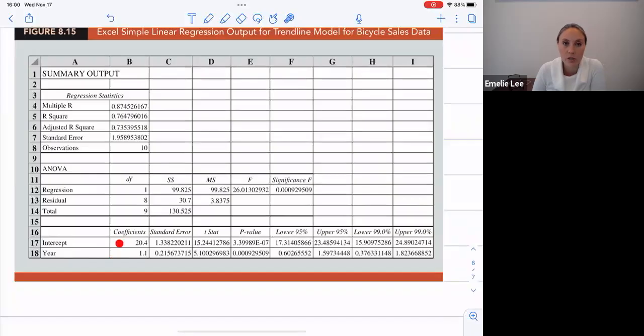We've got the coefficient for the intercept, and the coefficient for the year, which is the time. And then even though it's kind of hidden, the MS residual, which is the error, is here. So we have a mean squared error of 3.8375.